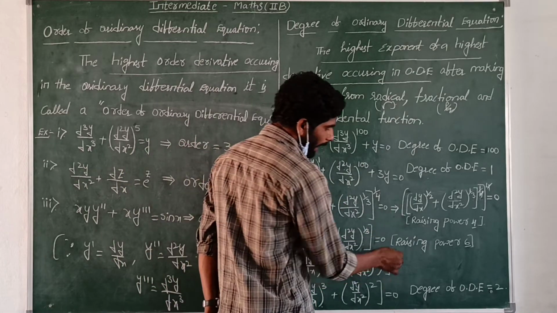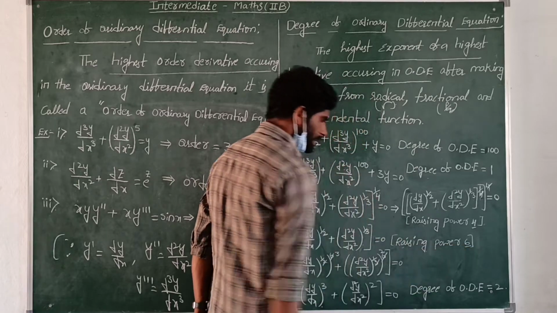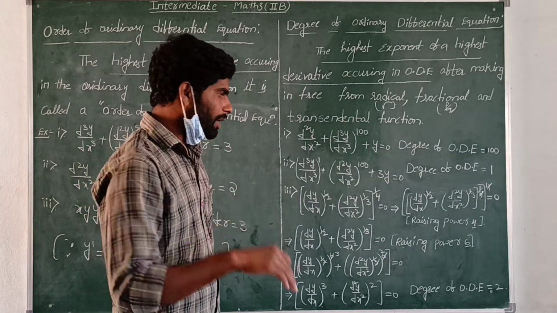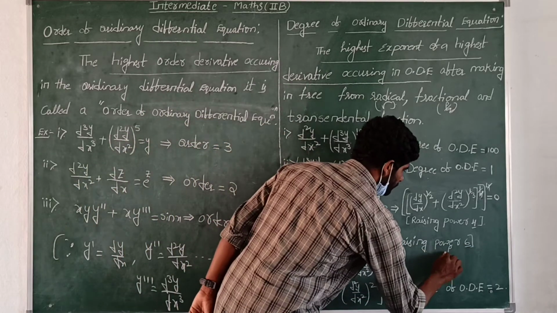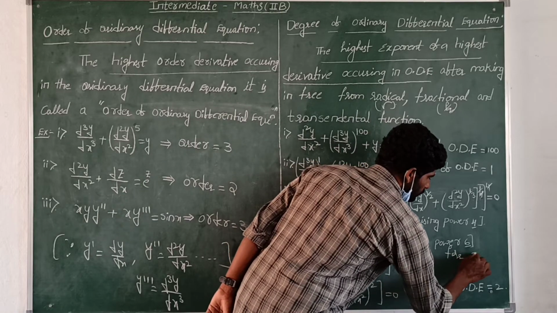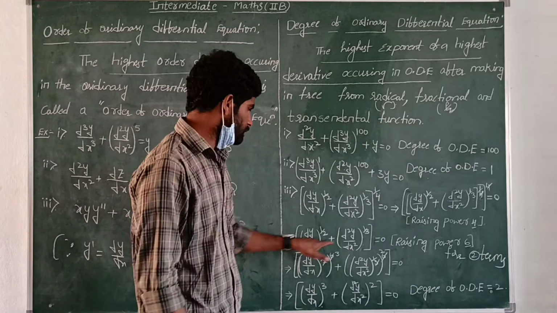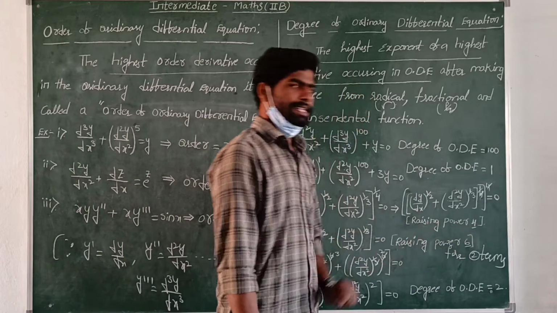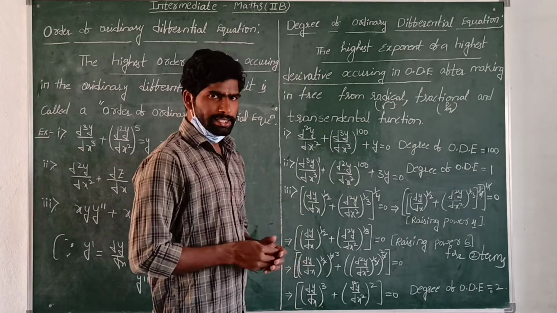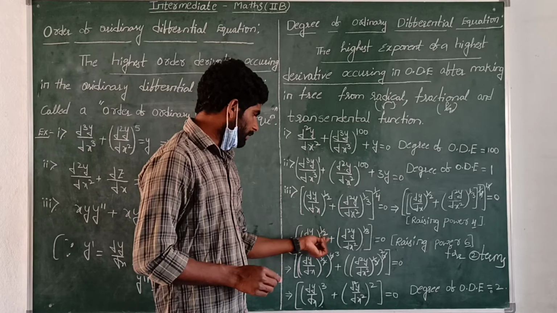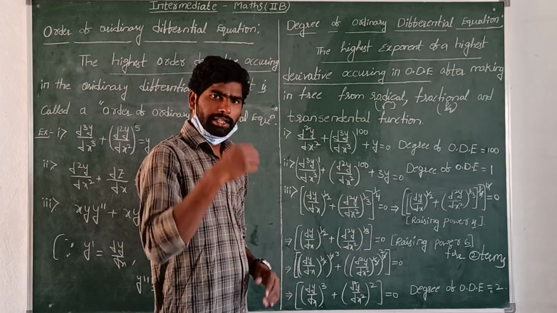Now again I am raising the power 6 for these two terms. Why only 6? Because 2 times 3 is 6, which cancels both.